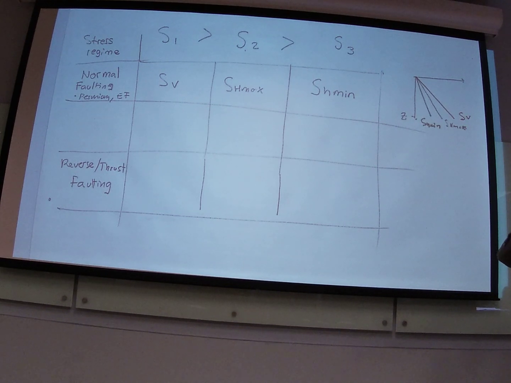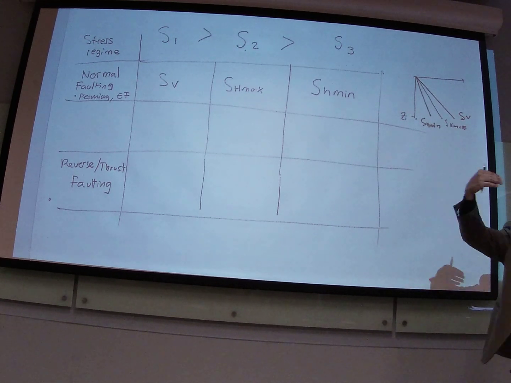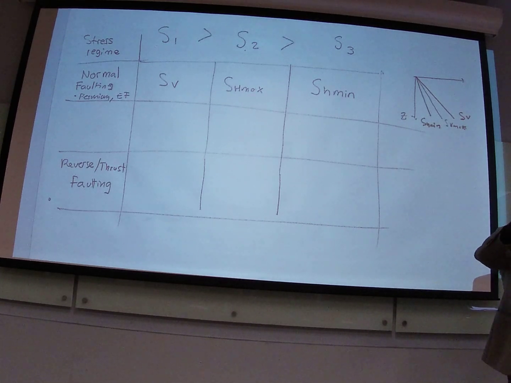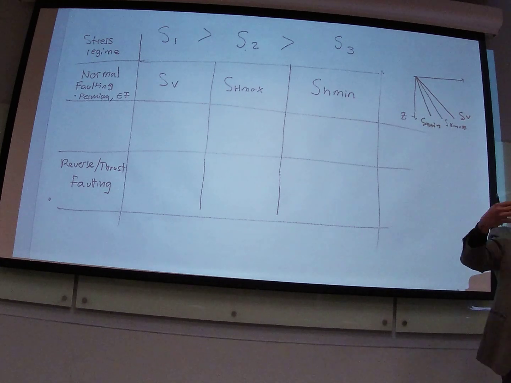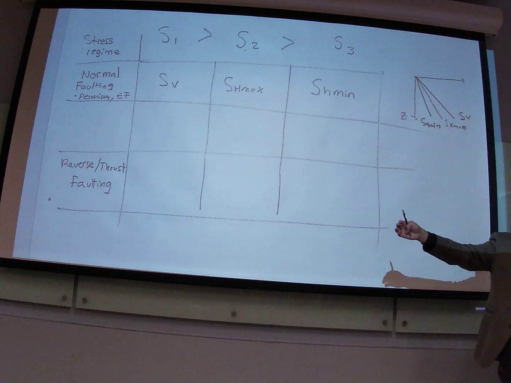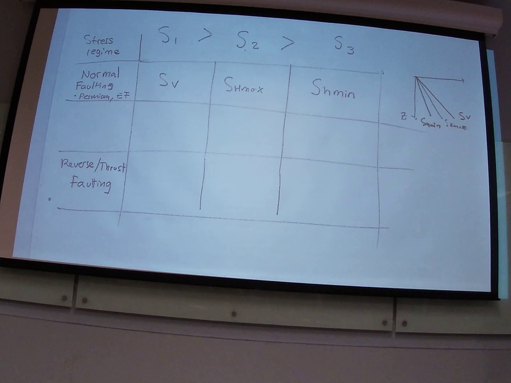You guys probably remember about convergent plates, divergent plates, transform boundaries, which go in this way. But when they converge, they push a lot in the lateral direction so that you have a lot of compression in the horizontal direction. And when that's the case, your horizontal stresses can actually be larger than the vertical stress.